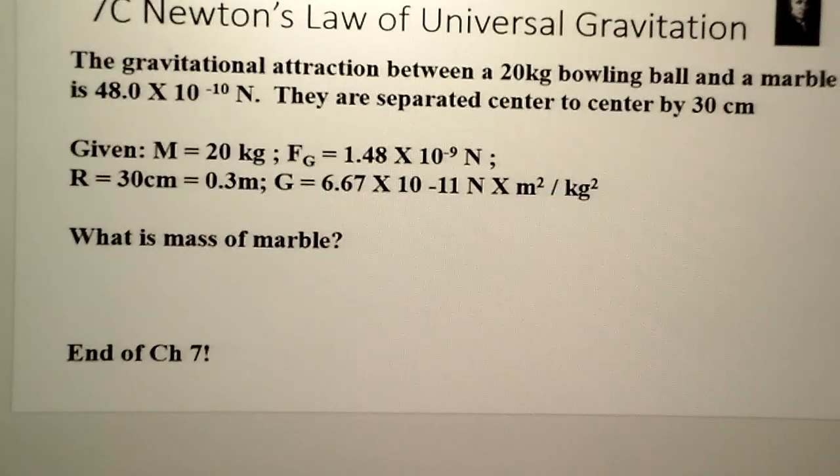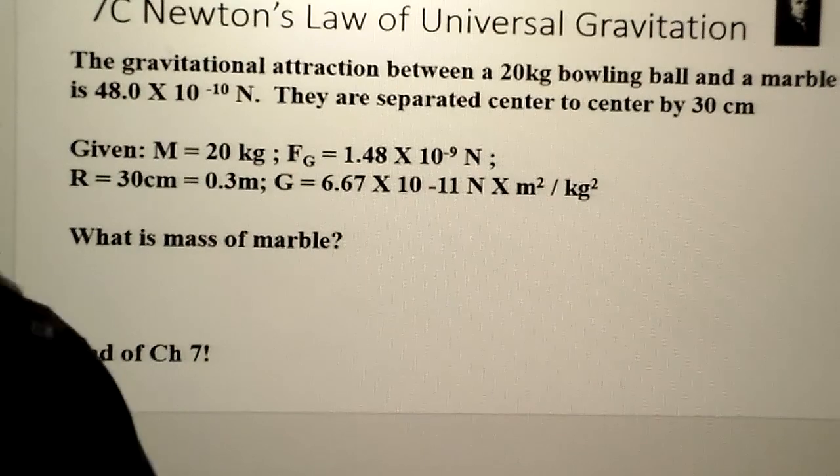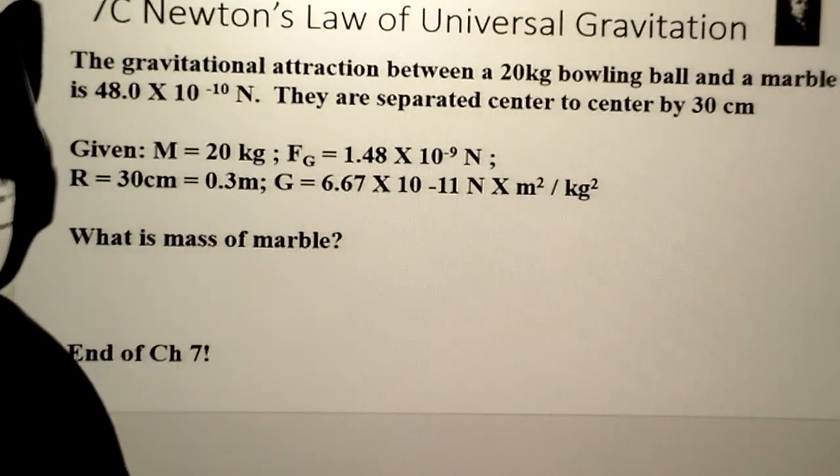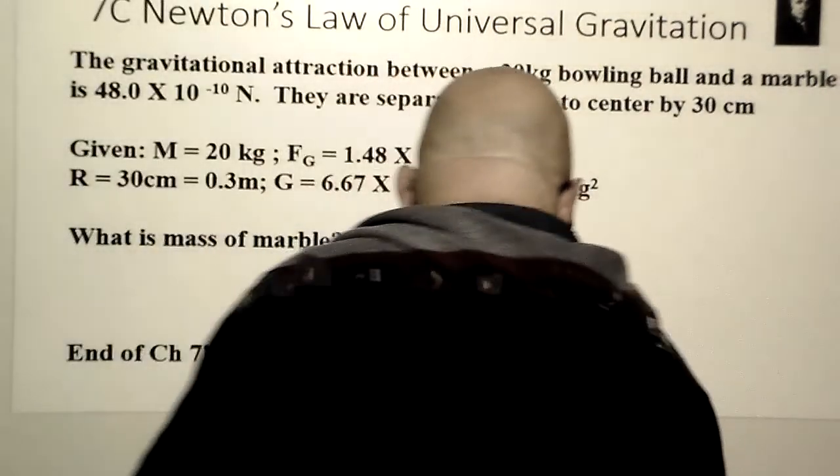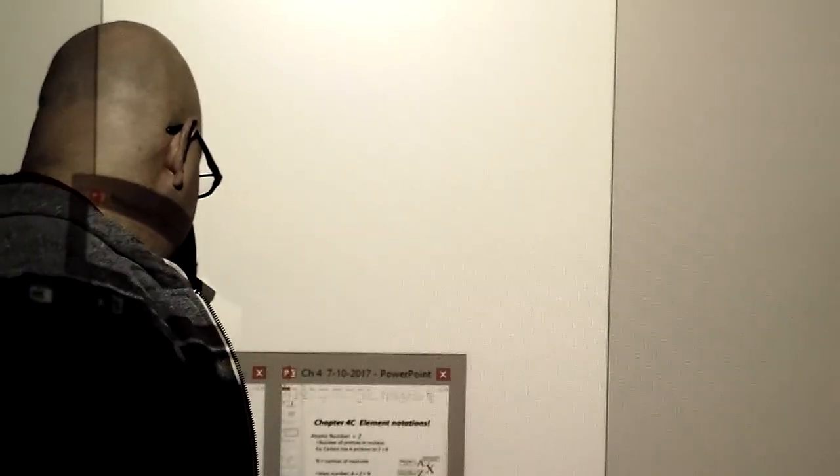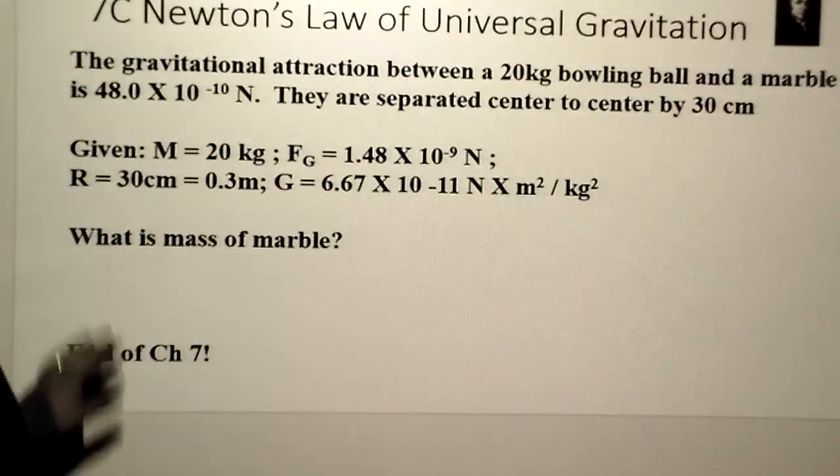That is literally the end of chapter 7, but let's see if we can go. Do I have the time to figure out the gravitation mass? Actually, I do. I erased it. Okay, well, let's go back and work that through here.